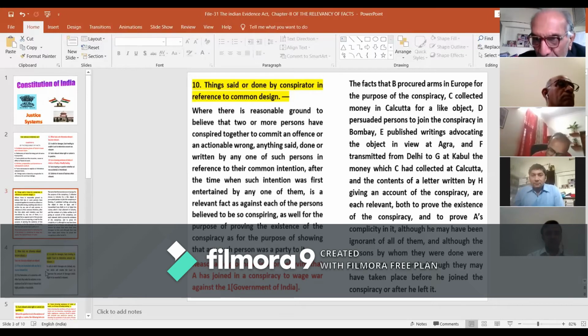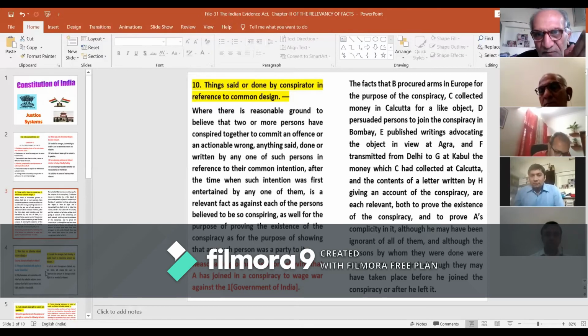And appropriately, the law has approached it from a reasonable ground, and that too for a belief. So reasonable ground for belief that conspiracy has been hatched, and then the acts done and writings are being made relevant.